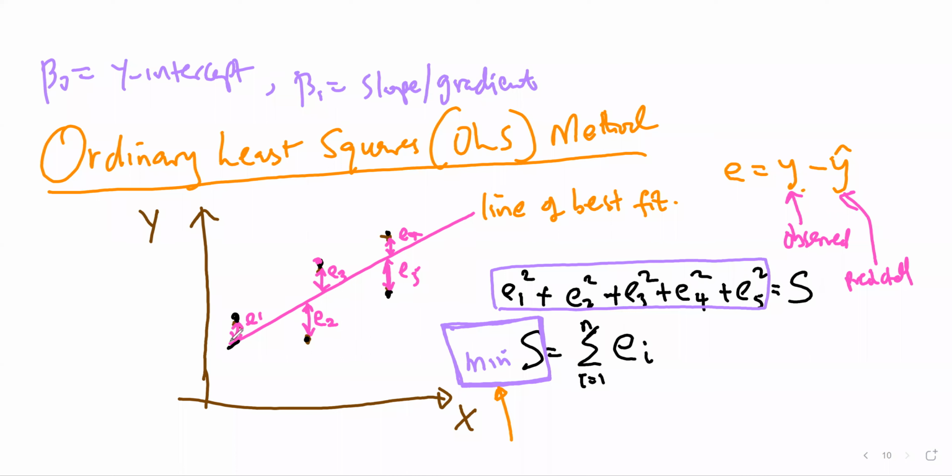So this point here corresponds to Y hat, another Y hat, another Y hat, another Y hat, another Y hat. So the difference between Y and Y hat is what I'm calling E. So in other words, I need a line which will minimize the difference between the values observed and the values predicted. That's what we call the line of best fit.